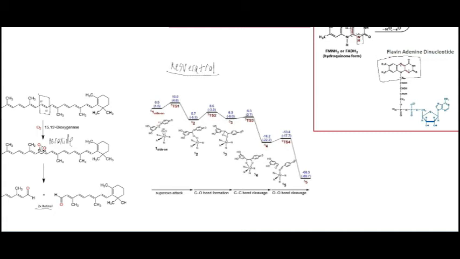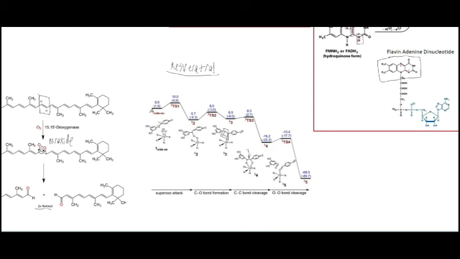But this is the same mechanism in that we are breaking this double bond using this intermediate of the oxygen peroxide four-member ring, and then cleaving it here to form these two aldehyde species.